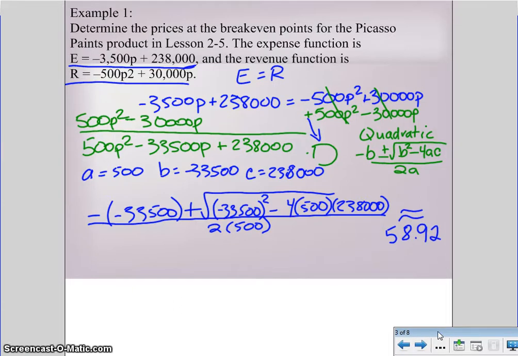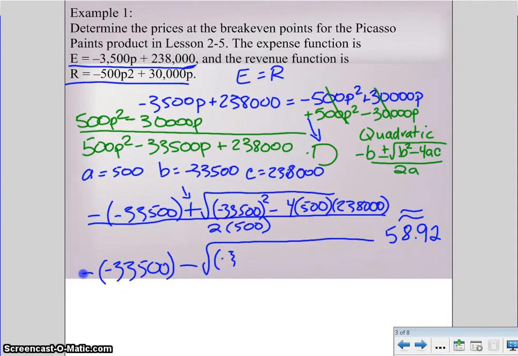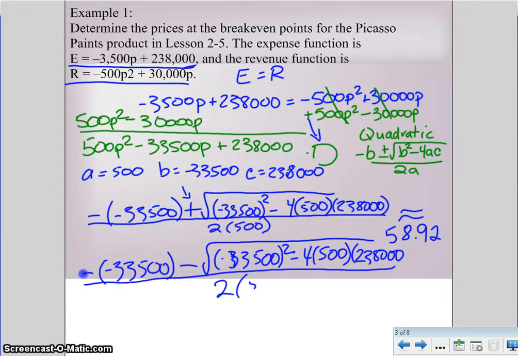Now we're going to do the other side of that, which is the minus. Negative negative 33,500, minus, we did the plus, now we're going to do the minus. Everything else is the same. Negative 33,500 squared minus 4 times 500 times 238,000, all divided by 2 times 500.